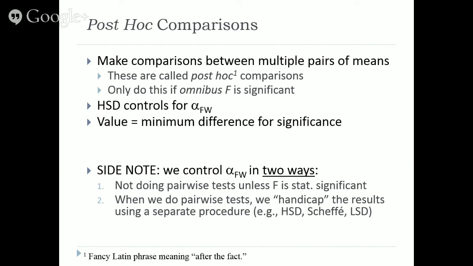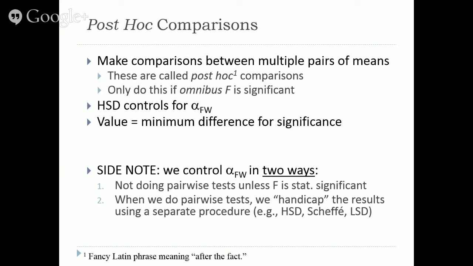So post hoc comparisons are when we make comparisons between multiple different pairs of means, two means at a time. Anova usually has 3 or more groups, but we can do it just between all the different pairs.